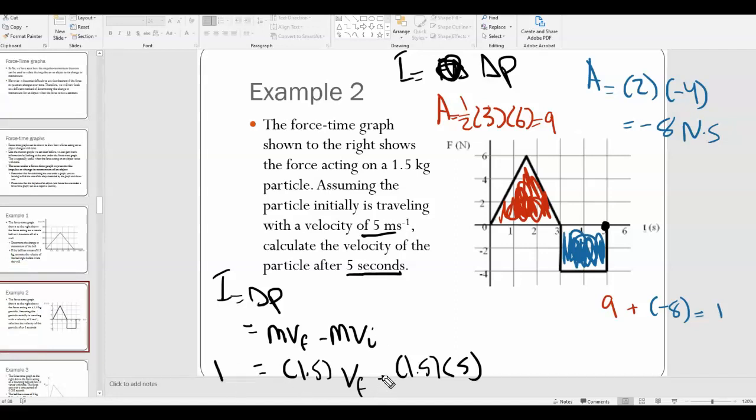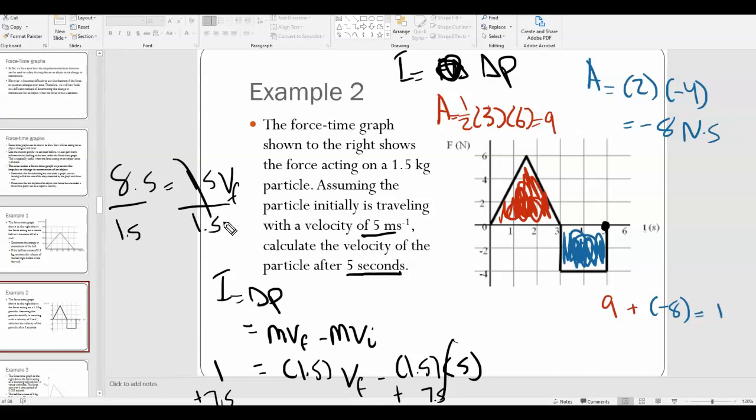Now all I have to do is rearrange this and get VF by itself. So 5 times 1.5 is 7.5. I would add that to both sides, plus 7.5 plus 7.5. So I get 8.5 equals 1.5 VF, and then I divide both sides by 1.5.